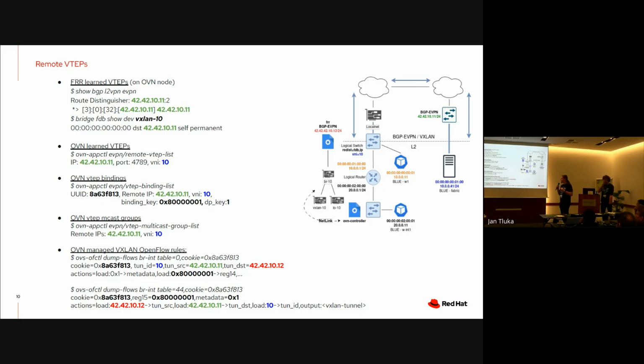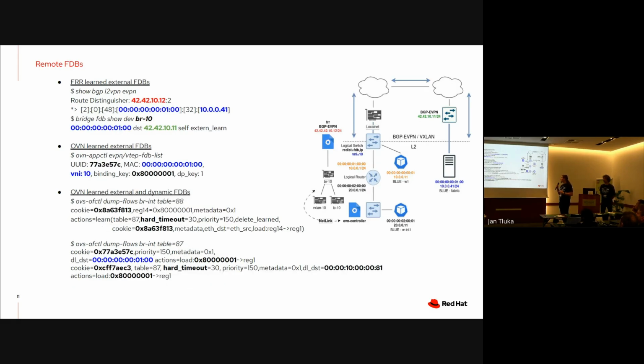The reason for that is that each controller might have different information populated through FRR, and we would have a lot of churn and a lot of information in the southbound database if it all ended up there, with possibly a lot of duplications. So that's why all of this is in memory in the OVN controller.